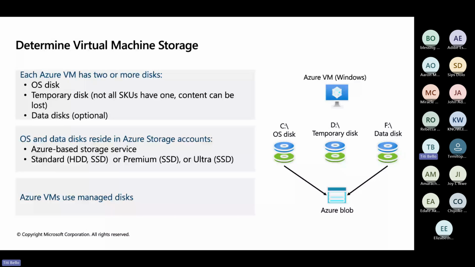Where do you find the storage account? When you open the home page of your Azure portal, you see the option, like I showed in the previous practical slides. But we'll go back to it.